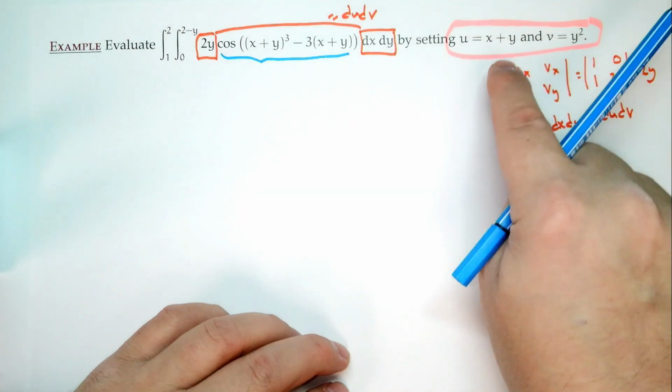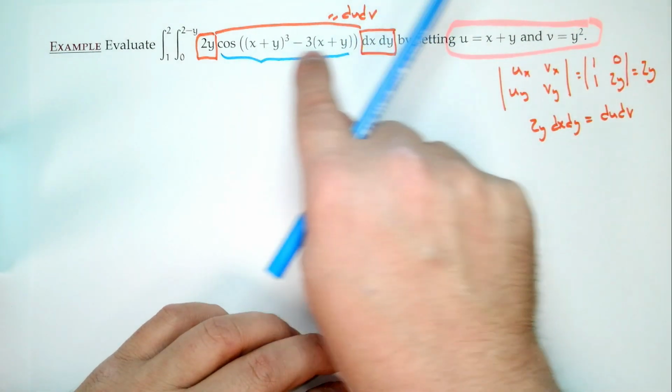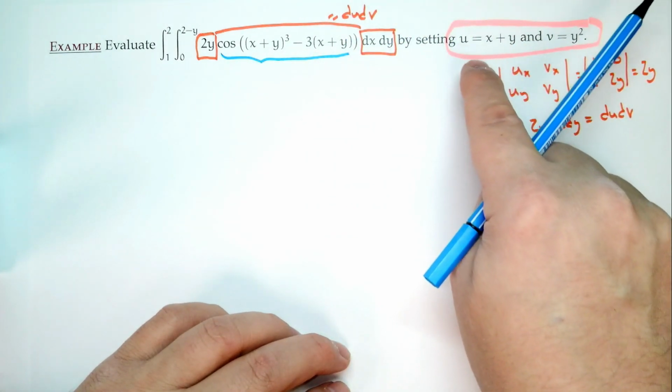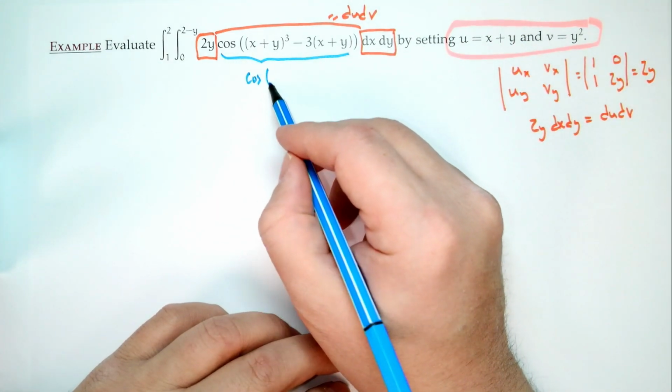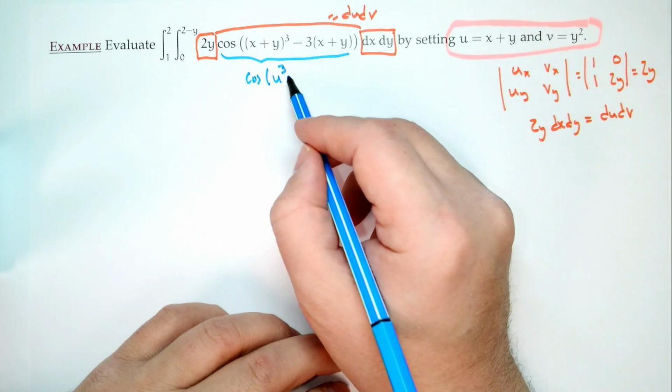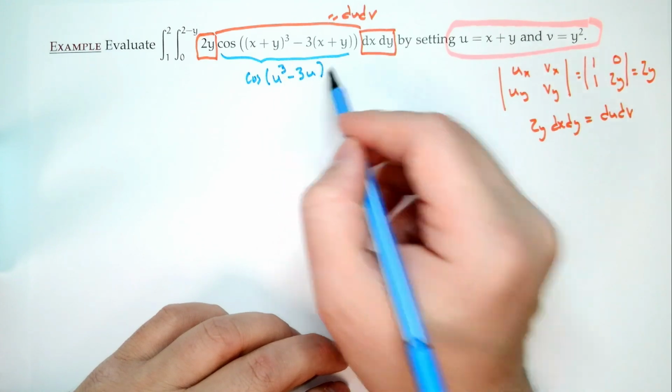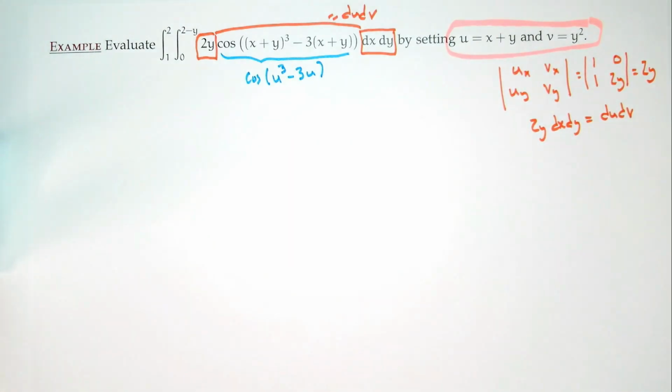Well, there's a big hint. This is in terms of x plus y, and that's what u is. So this becomes cosine of u cubed minus 3 times u. And there you go. So we've now done our Jacobian, and we've done our function.